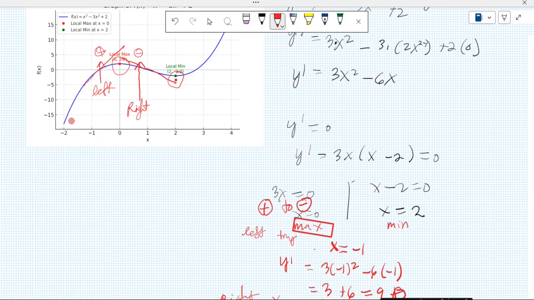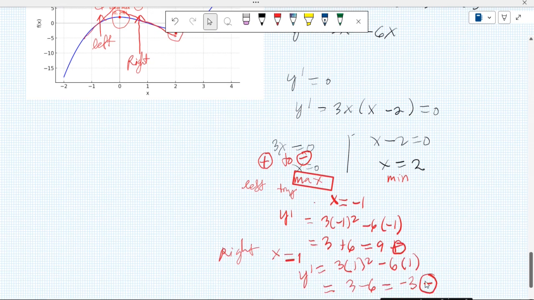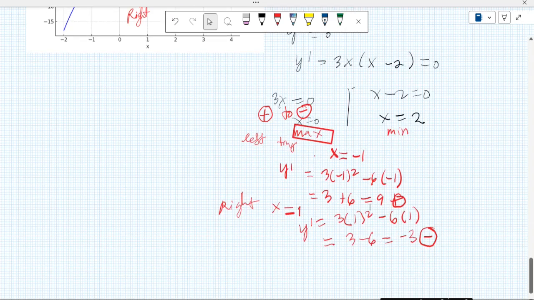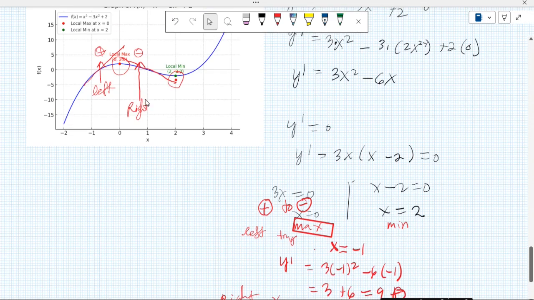Okay, now let's try it for the other side. We already know that to the left of 2, the values are negative. We have already tried 1, so that's correct. So to the left of 2, the value is negative.